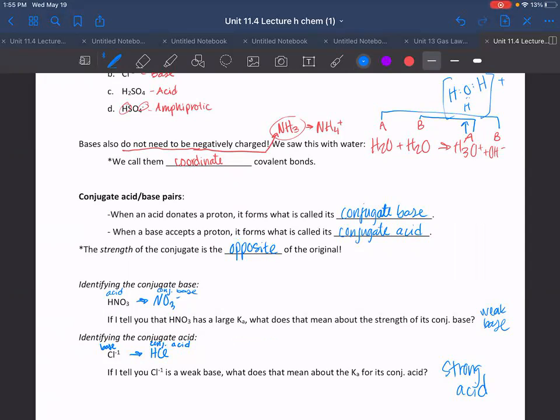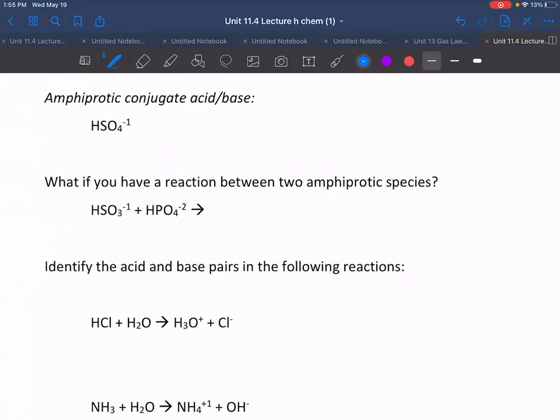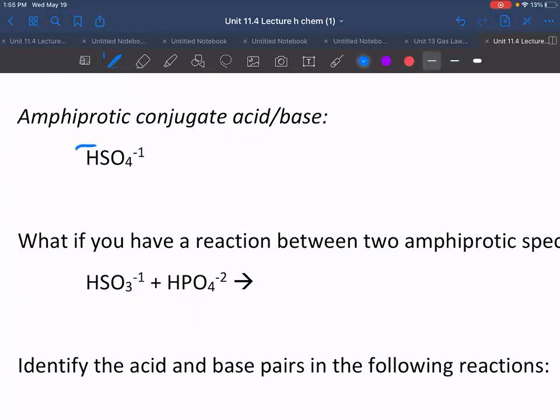Okay. So what if we have something that's amphiprotic? We know we can donate this hydrogen, but we know we can also accept one. So when you're writing the conjugate acid base pairs, you have to write both. So the conjugate acid, what would that look like?